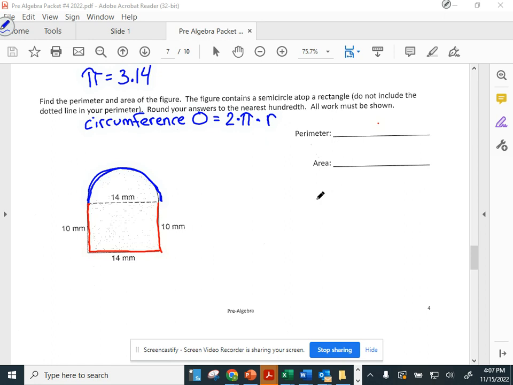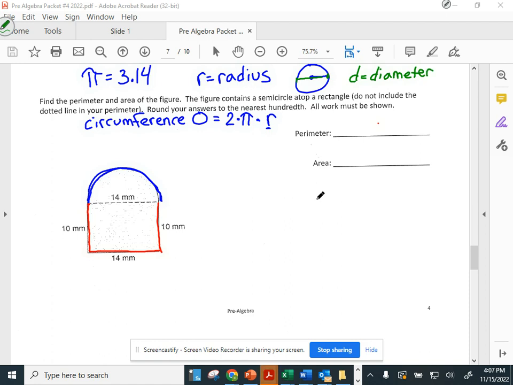The other thing, so that's pi, so now we have the r. R equals the radius. The radius of a circle is from the center to the side. So it's not the full way. If we went from end to end and across, that would be the diameter. So diameter goes all the way across.